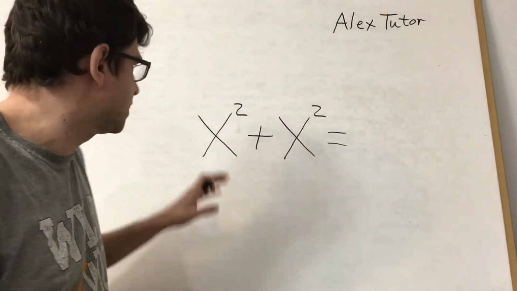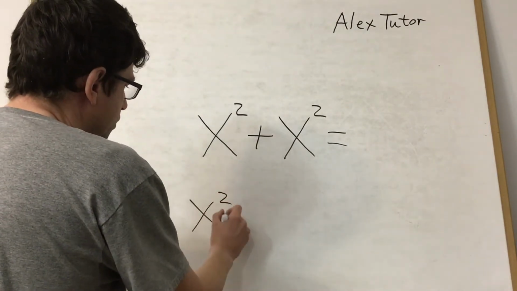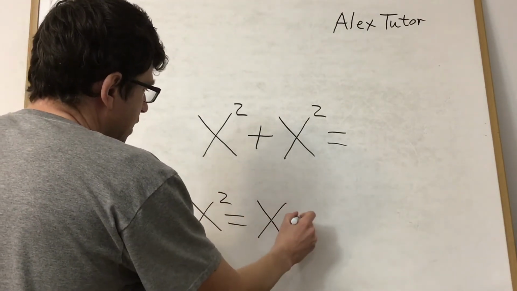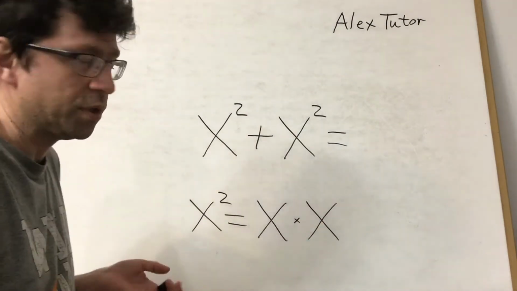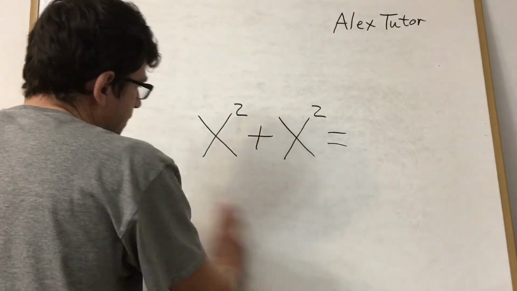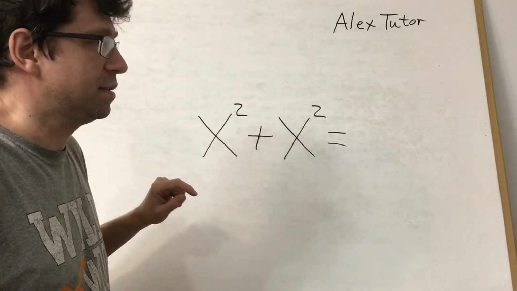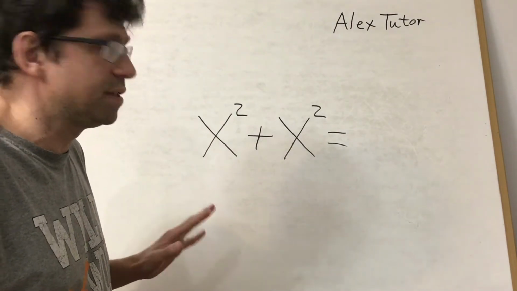Okay, first of all, what does it mean x to the power of 2? So x to the power of 2 means x times x. That's what it is. But it's not important for this case. Also, they call it x squared. So let me ask you this way.